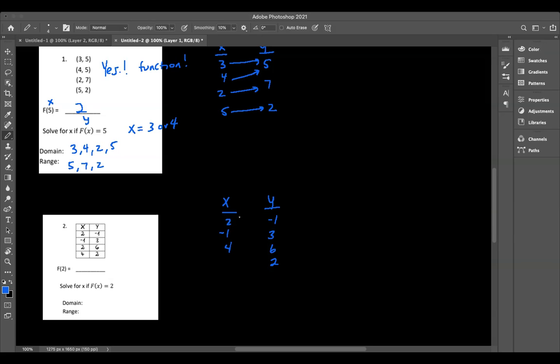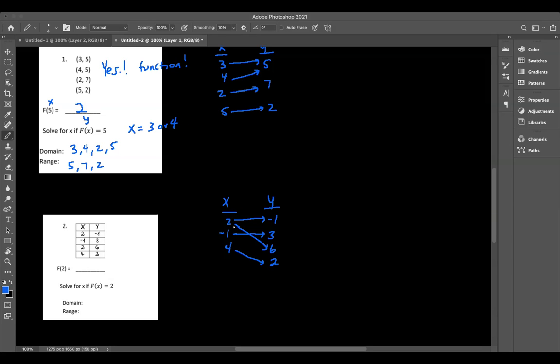So 2 goes to -1, that's once. -1 goes to 3, yes. 4 goes to 2, and then we have 2 goes to 6. So is this a function or not? What is the rule? Remember we said, think about the Cheetos, right? Cheetos can't have 2 different prices when you bring it up to the store.